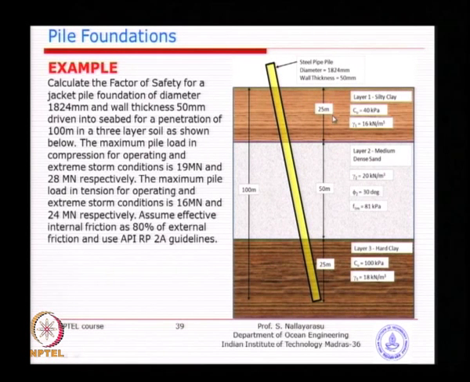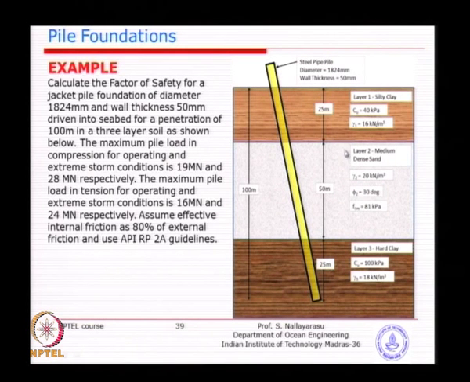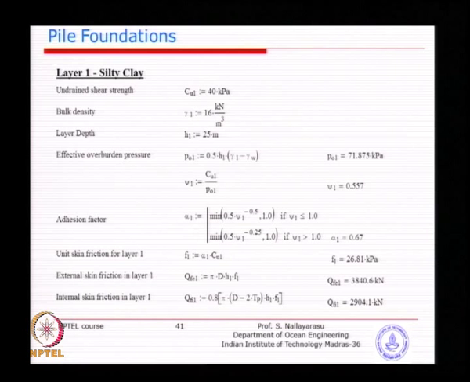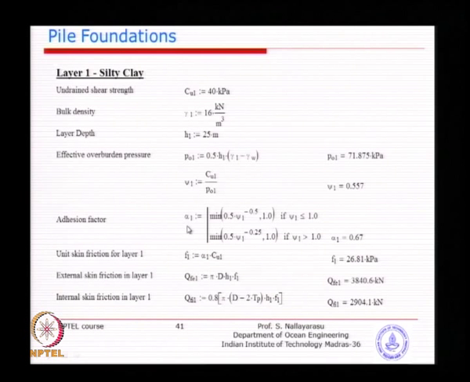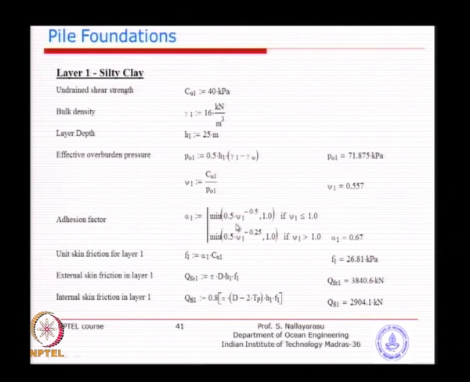You could actually do the start of the layer and the end of the layer and take an average. We know very well that it is non-linear, but the approximation is still acceptable. Once you get P naught, find the ratio C by P naught, and find the value of alpha using the empirical formula given to you, depending on whether the ratio is less than 1 or greater than 1, which we explained the other day.